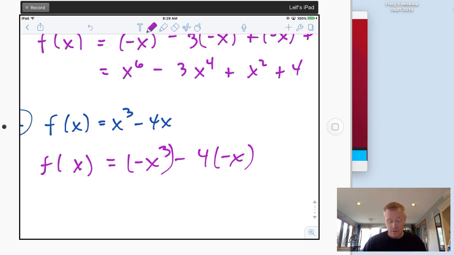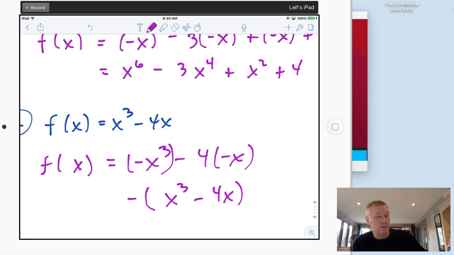If I pulled a negative out of this whole thing, I'd get the original, oops, that should be a minus, sorry, because I pulled out one negative. So that's the opposite, one being positive and one being negative. So that one would be odd.